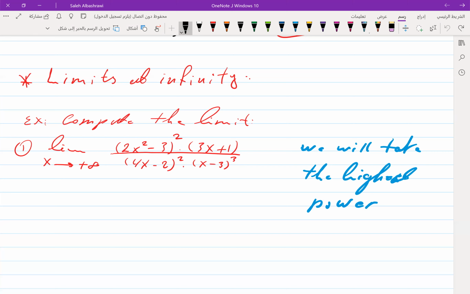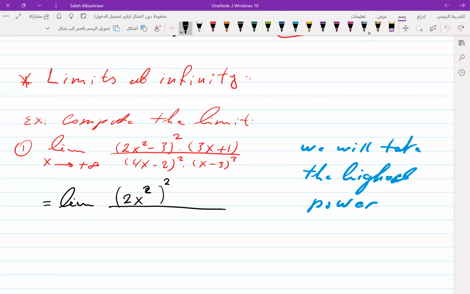So this is equal to the limit. The highest power for the first bracket is 2x squared. And we have to keep the coefficient also, this 2x to power 2, and also keep the outer powers.